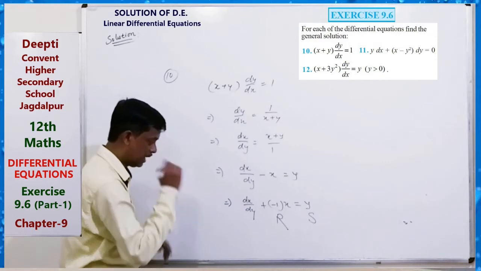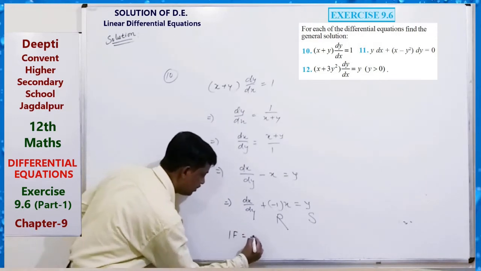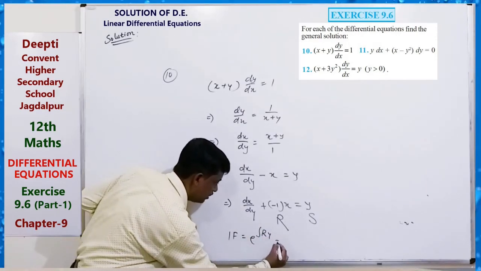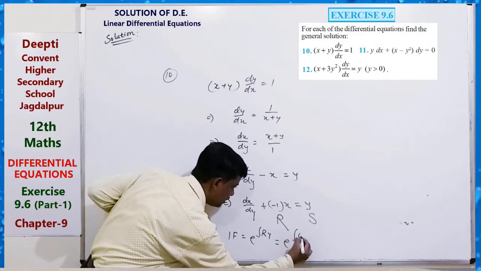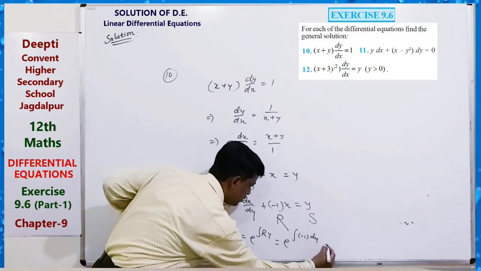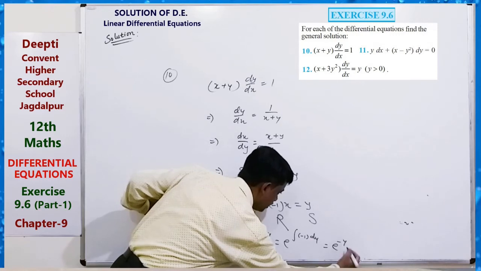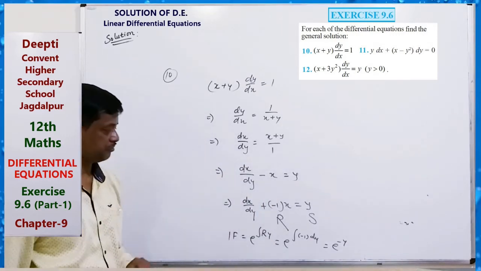The integration of R dy is the integration of minus 1 dy, which is minus y. So the integrating factor is e to the power minus y.